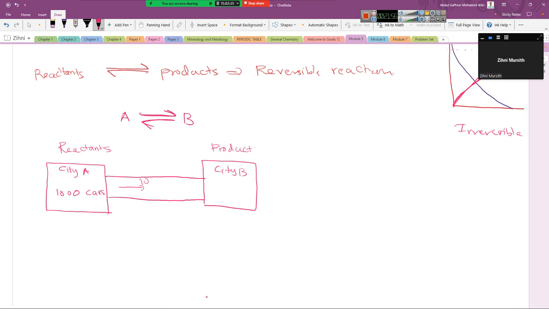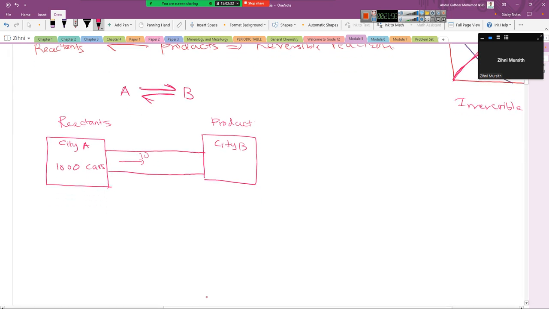Okay. Now the same thing, but here in city B, let's say we have 2,000 cars. Now what will happen? The cars can be traveling from city A to city B and city B to city A, right? So we are going to understand the concept of equilibrium.